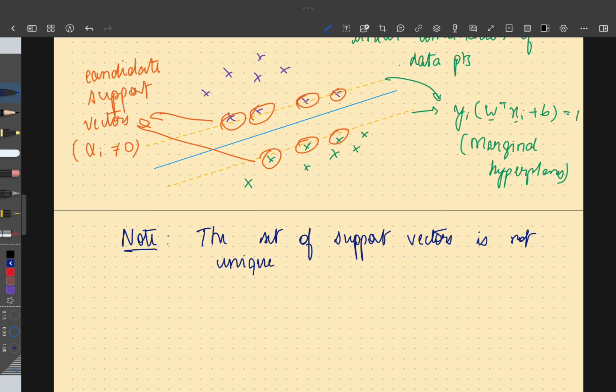The solution to the hard SVM problem is going to be unique, but the set of support vectors is not necessarily unique.